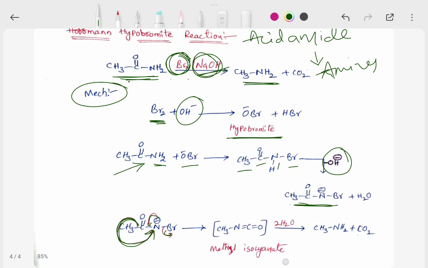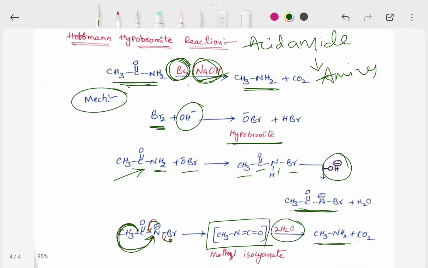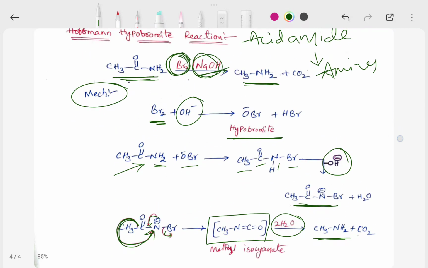A methyl isocyanate intermediate is formed. On hydrolysis, this methyl isocyanate produces methylamine. This reaction is called the Hoffmann hypobromite reaction.